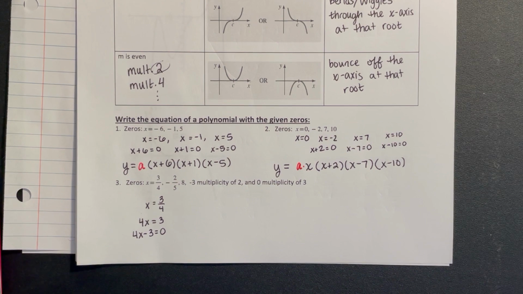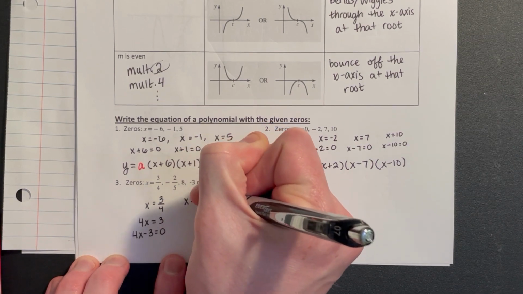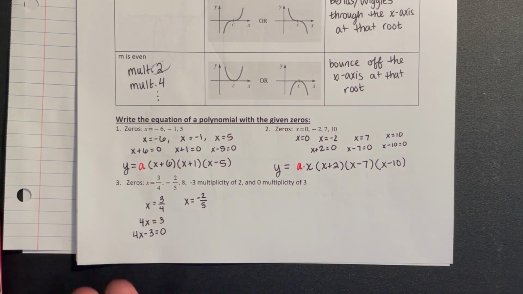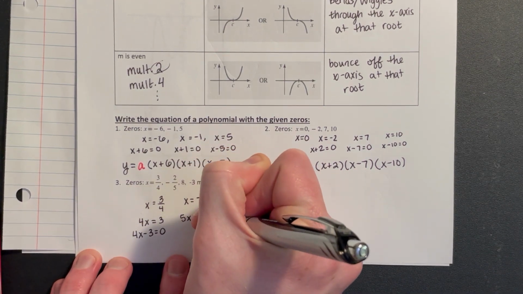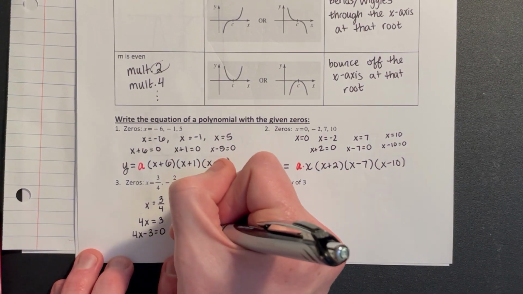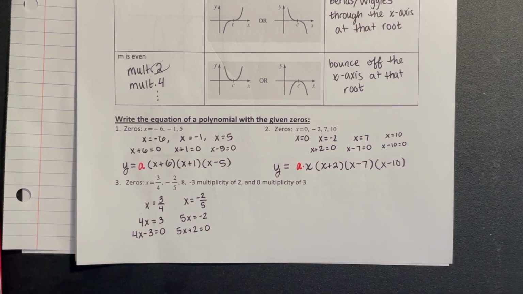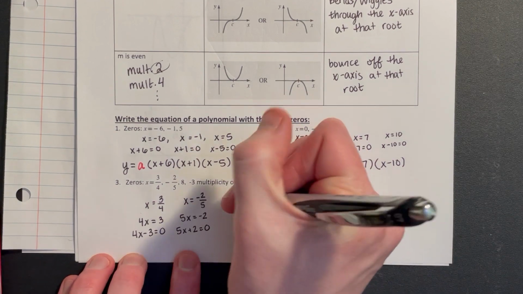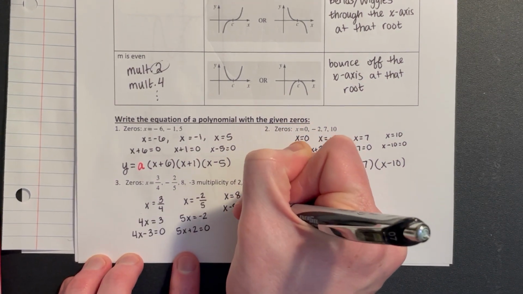And that's the factor that we would have seen on that previous video. X equals -2/5. Again, we can undo that division by multiplying the 5 over, so 5x equals -2. Add the 2 to the other side, so 5x plus 2 equals 0. Look, we're already seeing these form some factors that we will use. X equals 8. Not much to move, but x minus 8 equals 0.